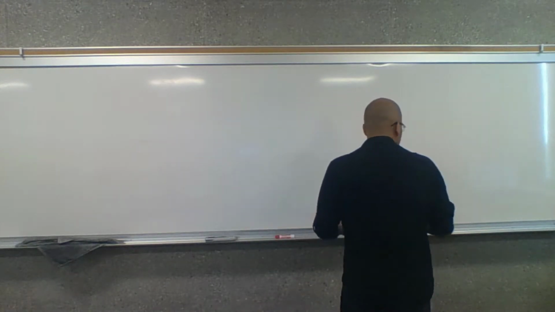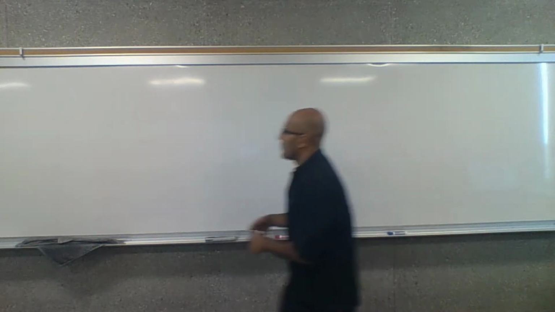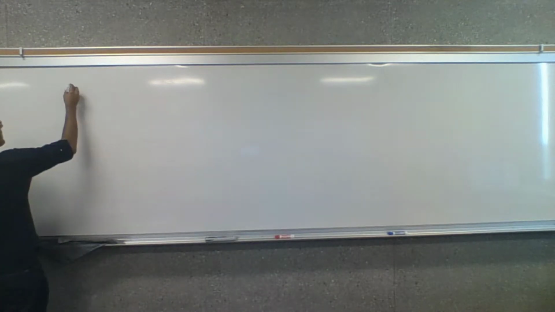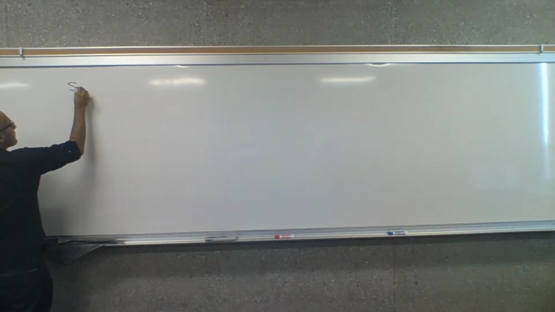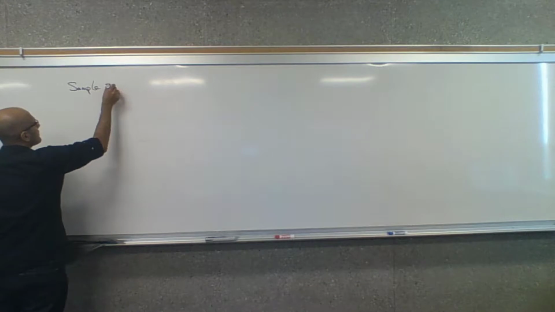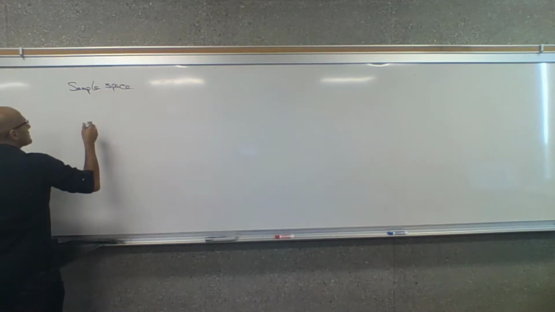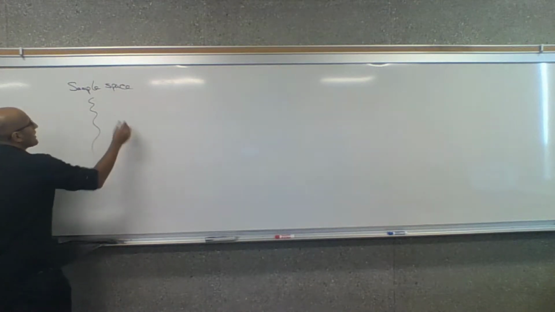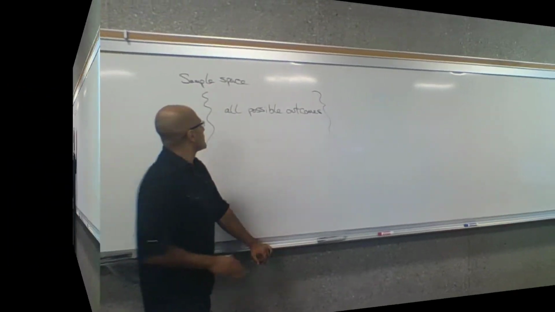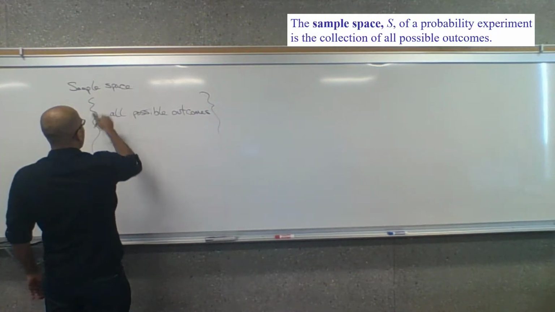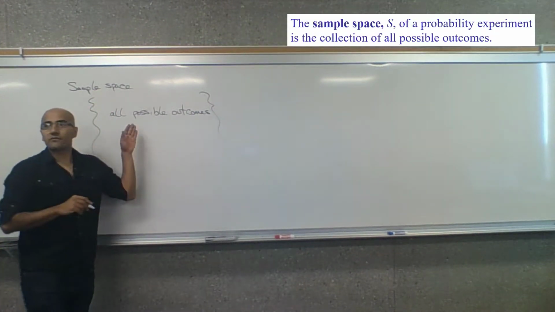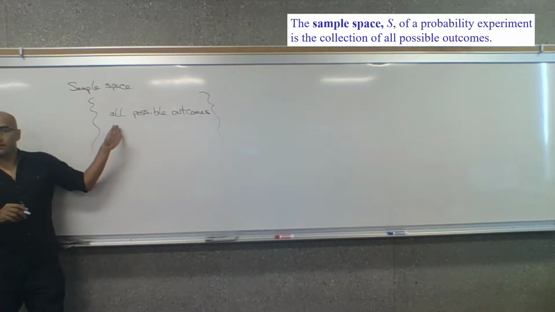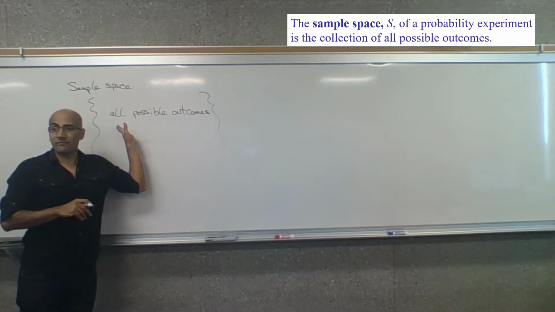And then if we write down all the possible outcomes, we get the sample space. So the sample space is made up of all possible outcomes. In some cases it is a lot of work trying to figure out all those things.